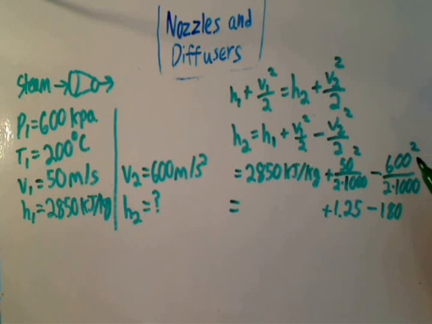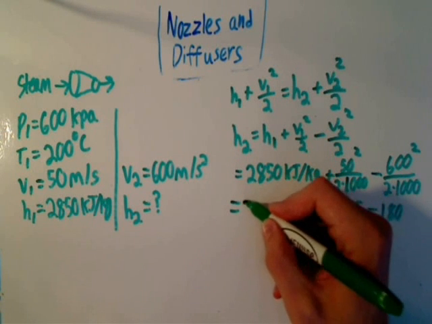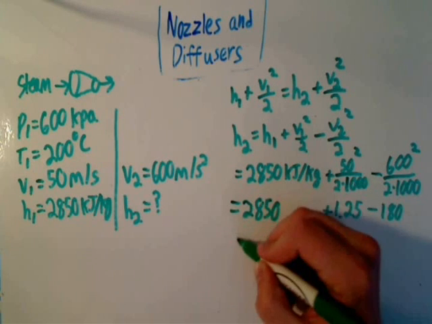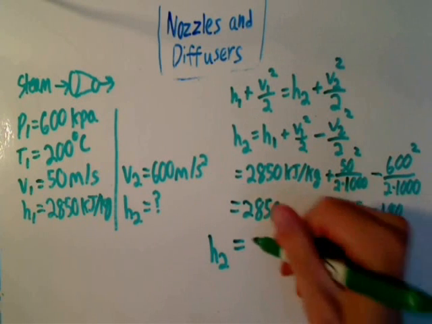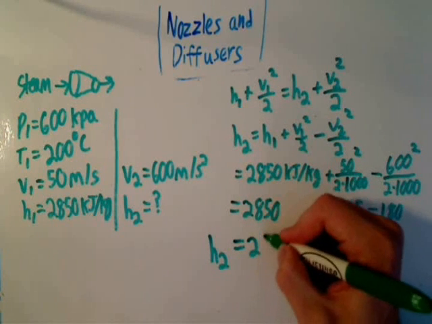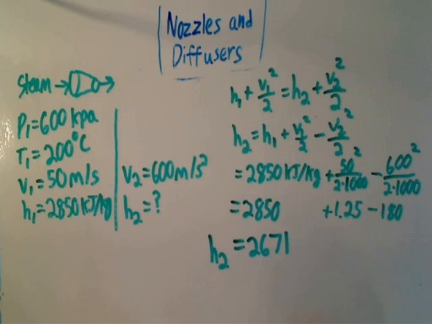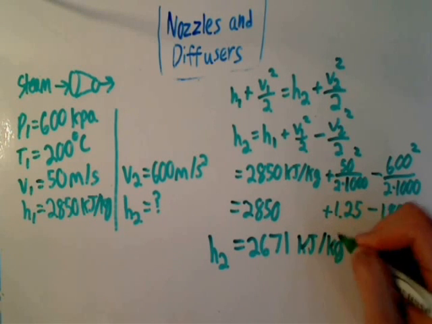We should take that into consideration, but really it's very small when we compare it to the initial 2,850. So we get H2 to equal 2,671 kilojoules per kilogram.